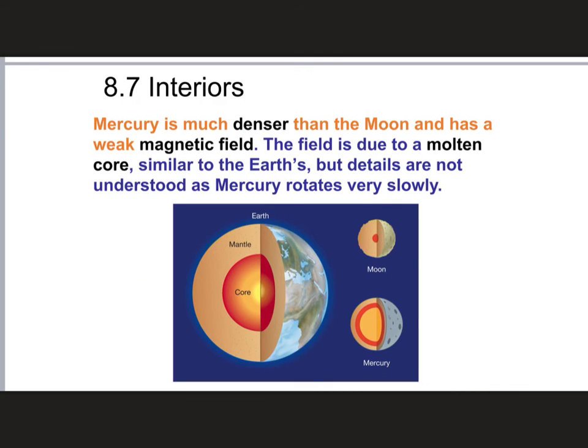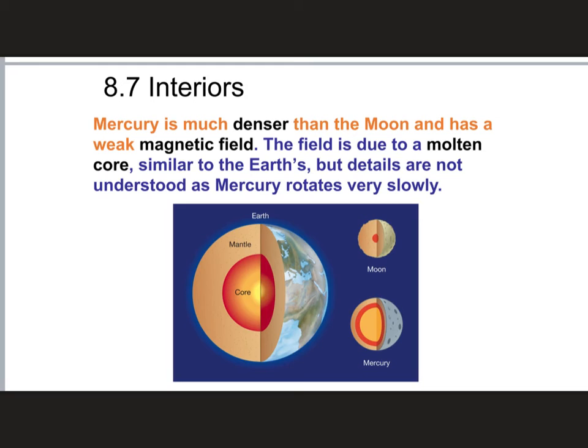Now, Mercury, on the other hand, is much denser than the moon. As we saw previously, it has a comparable density to the Earth, and it has a very weak magnetic field. This field is probably due to a molten core similar to the Earth's.